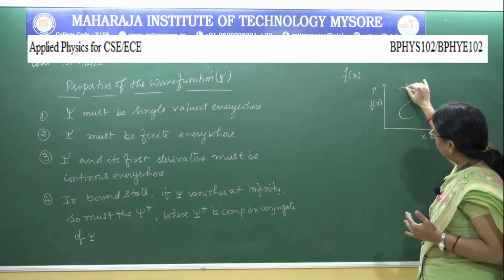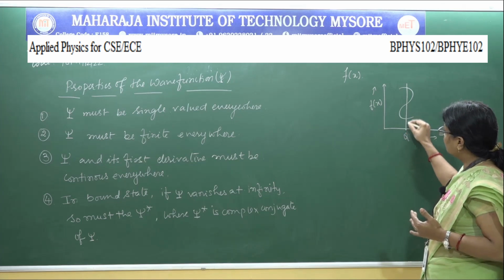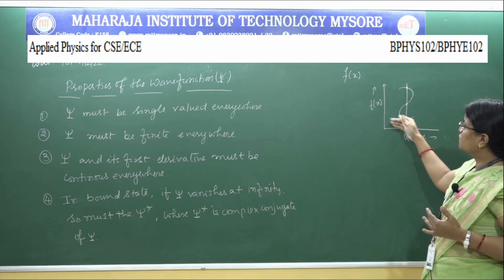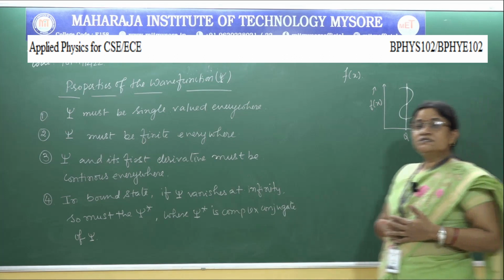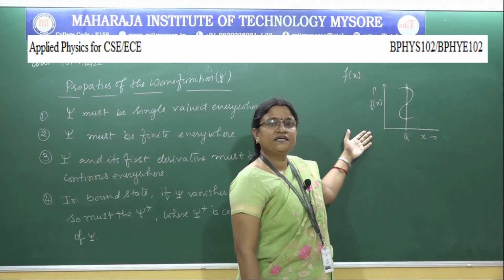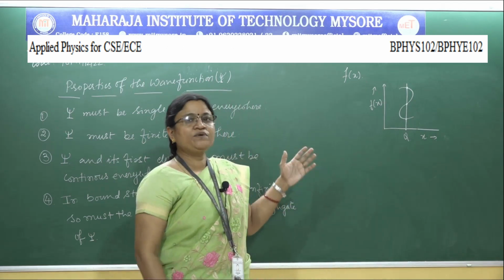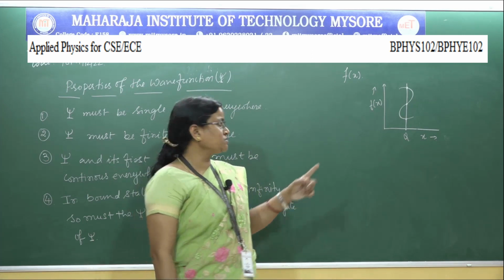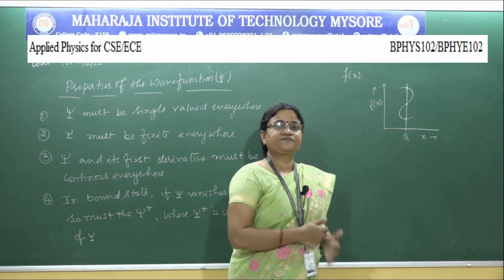What we see is that at a point Q, there are 3 values for this function. Such a function we cannot say is a wave function. For it to be a wave function, it must have a single value at any point.